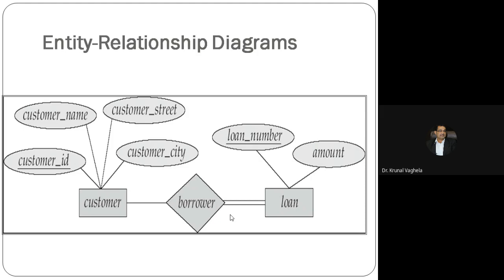Is it possible that there is a loan without a customer? There is a loan of $1 million, and to whom you have given it, I don't know. Is it possible? So total participation means every loan should belong to at least one customer.